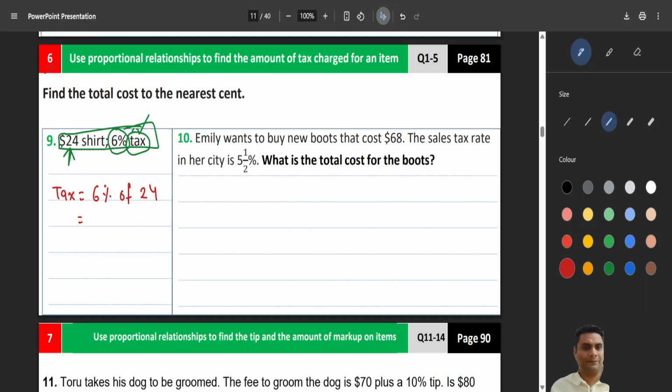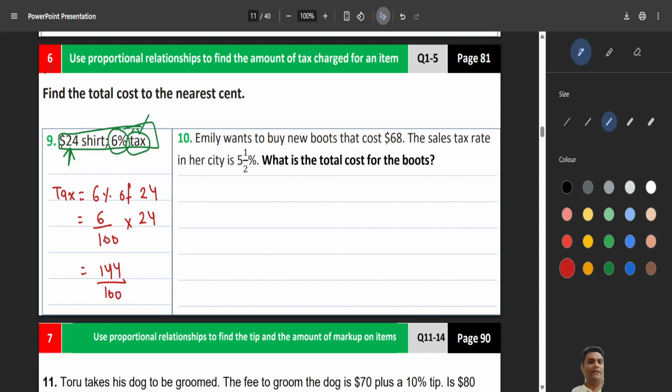Remember, percent means divide by 100. So I replace the percent sign by divide by 100. Of means multiply. And then 24 here. Multiply the 6 by 24. This will give you 144 divided by 100.